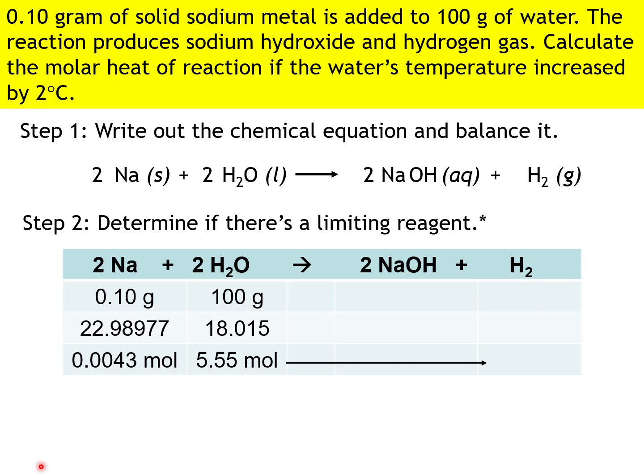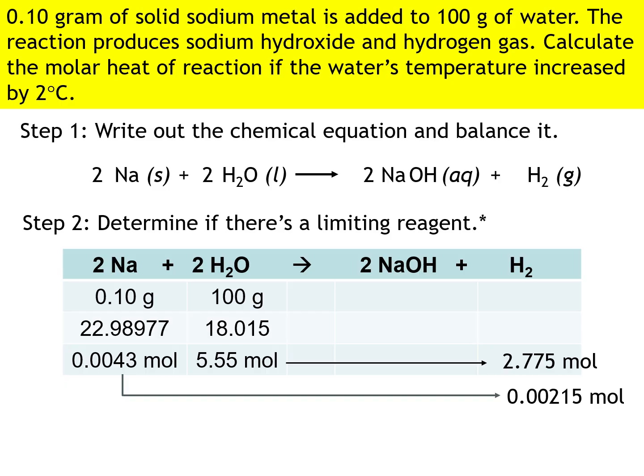Anyway, so we have a 2 to 1 relationship, so we're going to divide that by 2. And this one is also a 2 to 1 relationship. So we end up with 0.00215 moles of hydrogen gas formed if all of the sodium reacts and it's the limiting reagent, which it is.